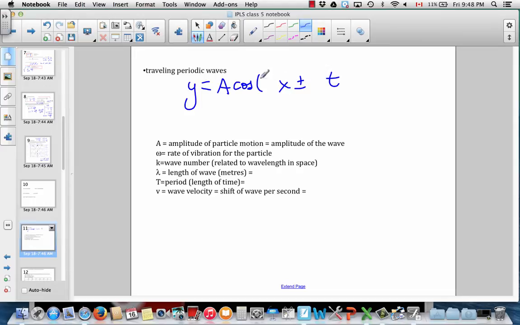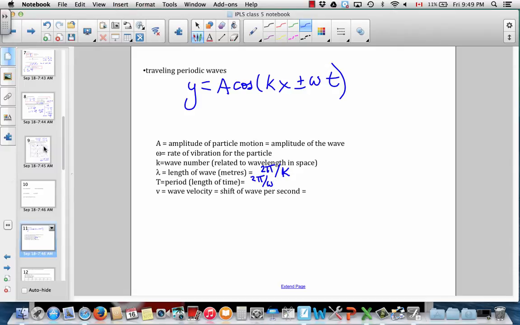Now, the wave number, the coefficient of x, we use a k for that in physics. And that's related to the wavelength in space. The wavelength is 2 pi over the wave number k. Lambda is 2 pi over k. Next, the rate of vibration, well, that was the letter omega. And the period of time was 2 pi over omega.